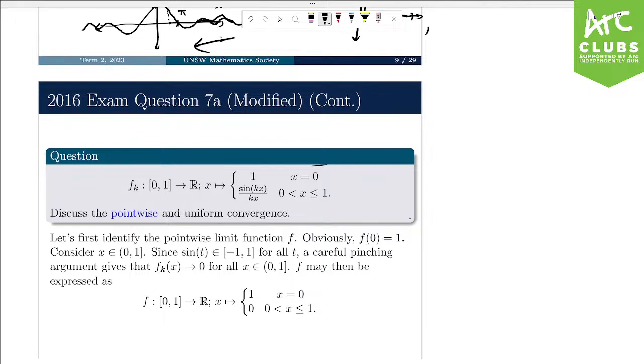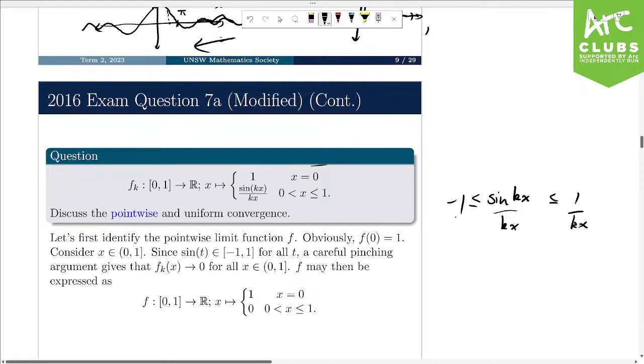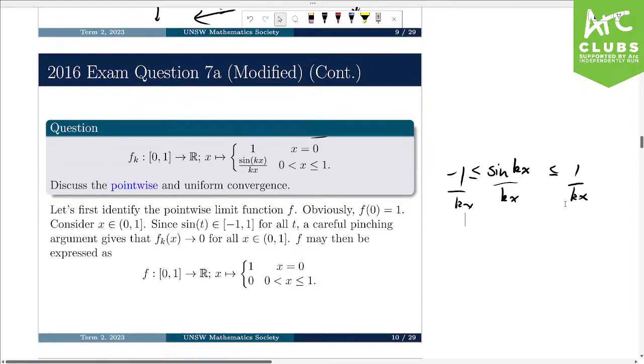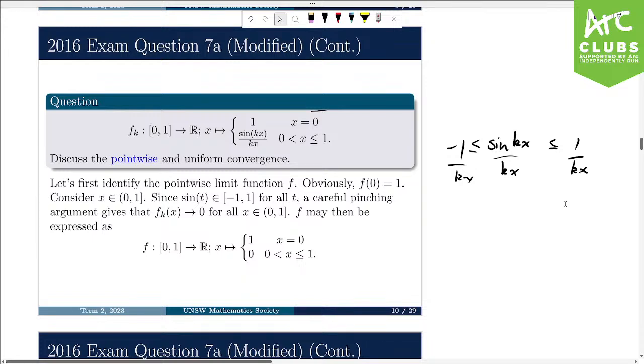So the pinching argument is basically sine of kx is less than or equal to 1 and greater than or equal to -1. And then dividing this by kx, we get this relationship. And as k gets larger, both of these go to 0. So this should also go to 0. So that's how we get this as our pointwise limit function.